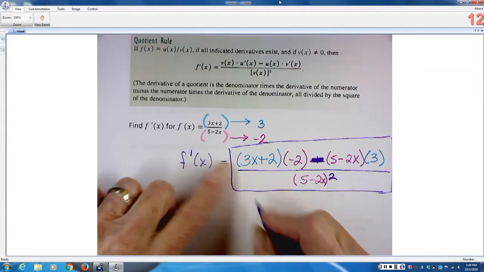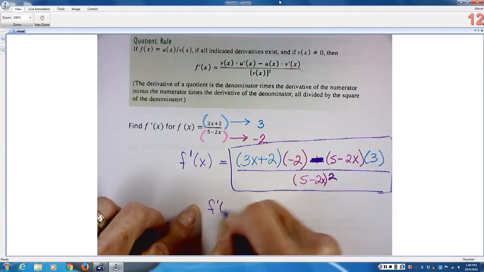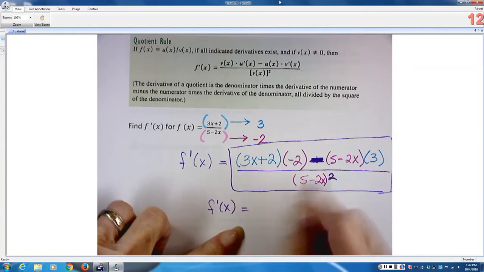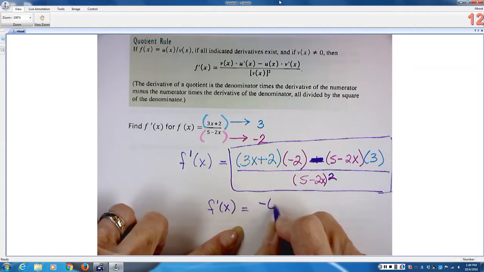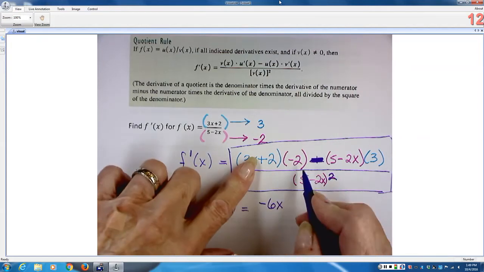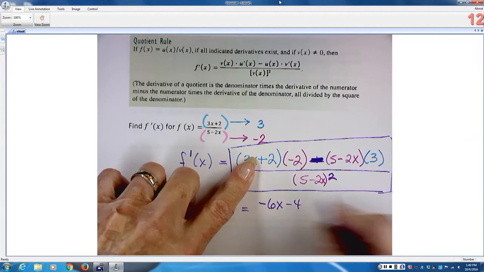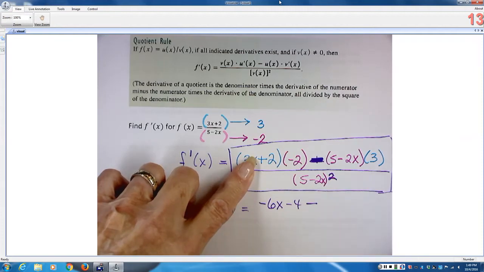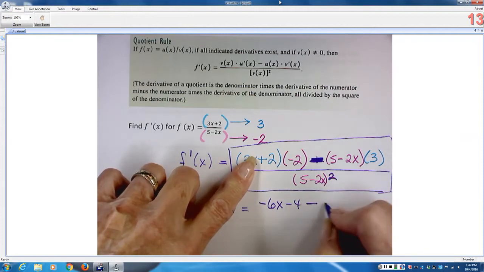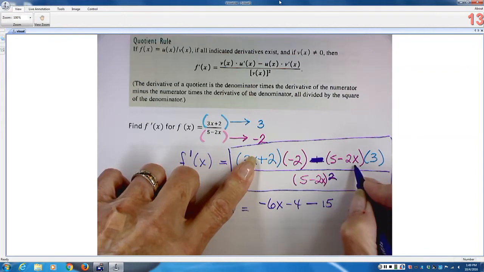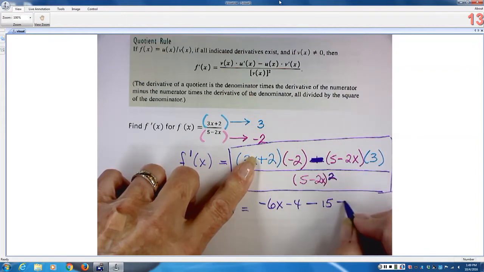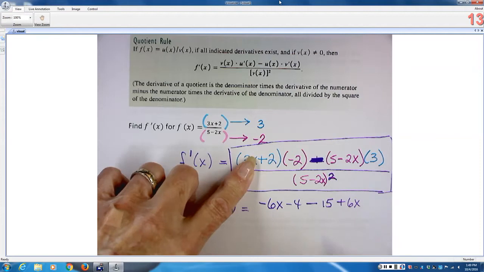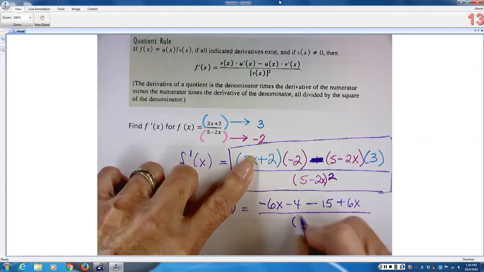So this simplifies or cleans up to be f prime of x equals negative 2 times 3 is negative 6x, negative 2 times 2 is negative 4, minus 3 times 5 is 15, and 3 times negative 2x is negative 6x, but we're subtracting it, so we're going to say plus 6x, over, and you don't have to multiply out the denominator unless I'm given a really good reason to.